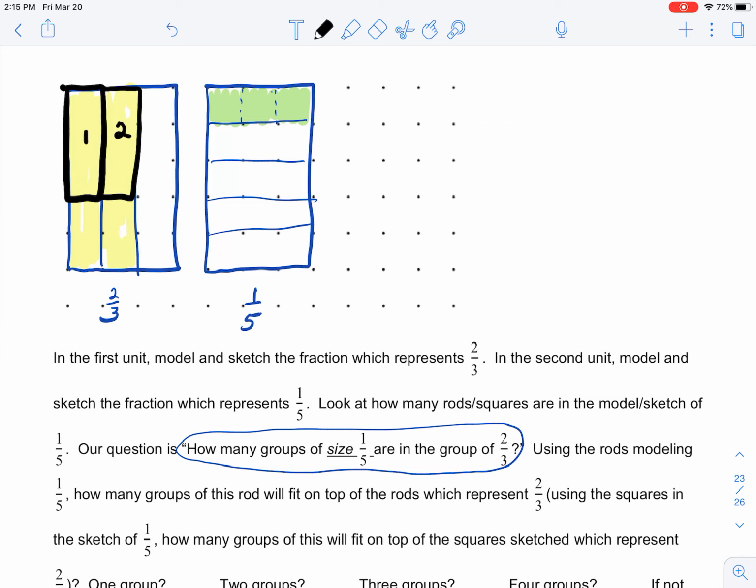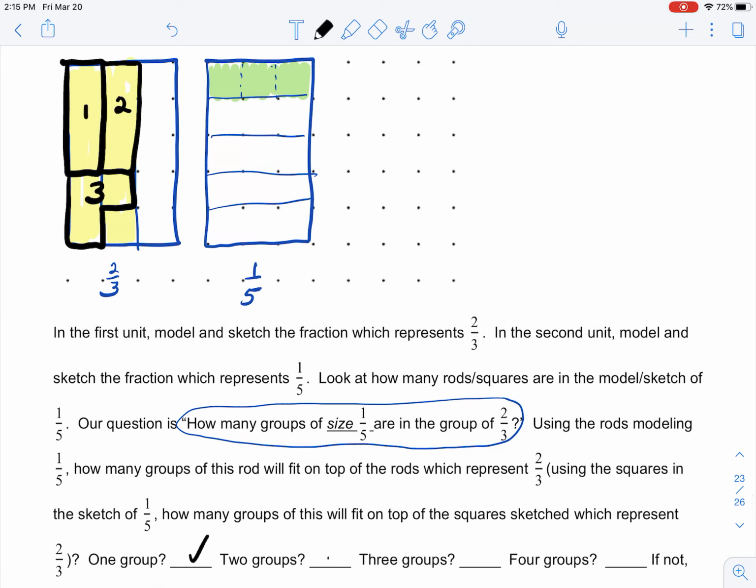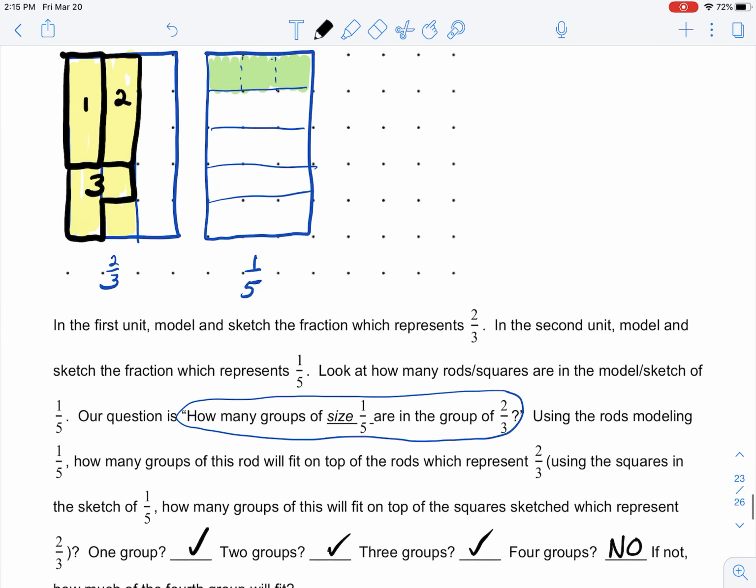And then if I separate those and bend them around, I have another group. So you can see I can get 3 groups of this 1/5 on top of my 2/3. So I can get 1 group, I can get 2 groups, I can get 3 groups, but I can't get 4 groups. So mine is going to be 3 plus something because I have part here.